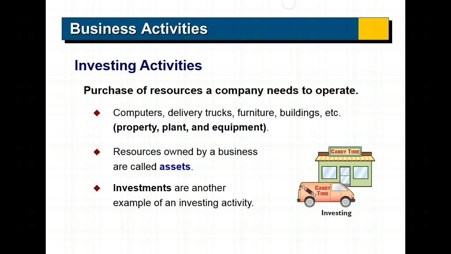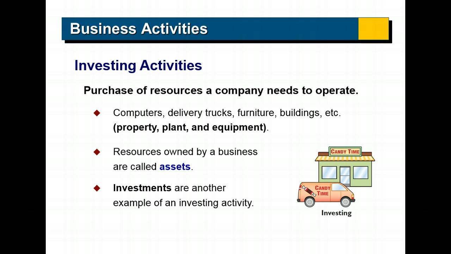Okay, so financing activities are ways of receiving money. Investing activities are the purchasing of resources for a company to grow or to be created. This can be equipment. This can be buildings, land.